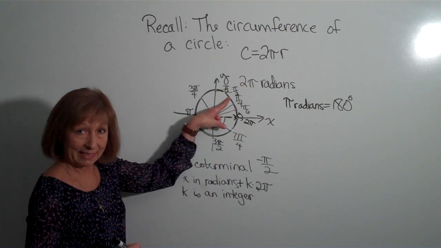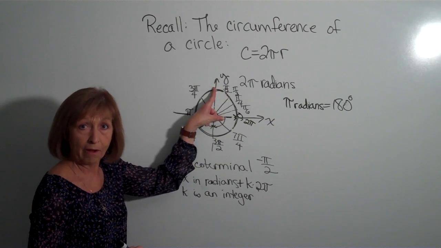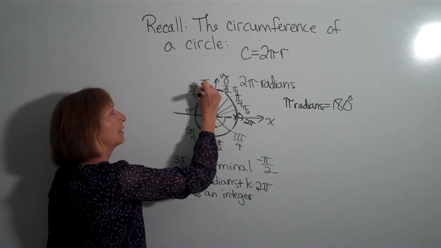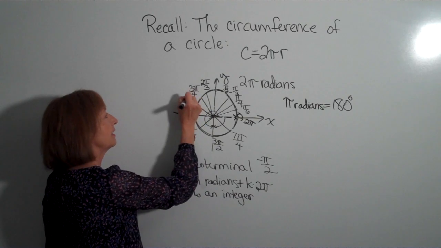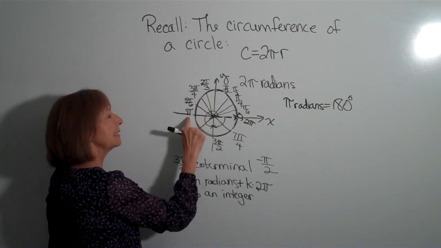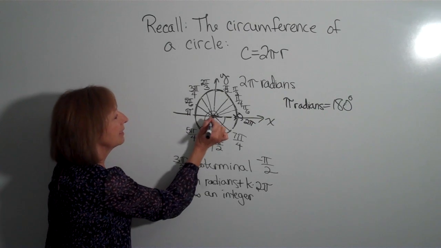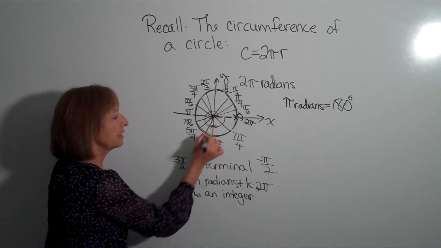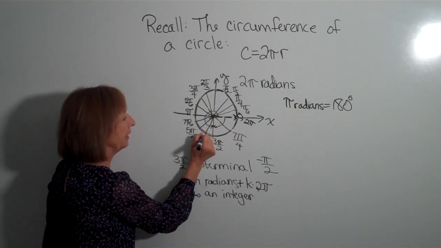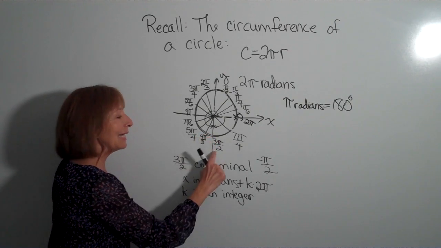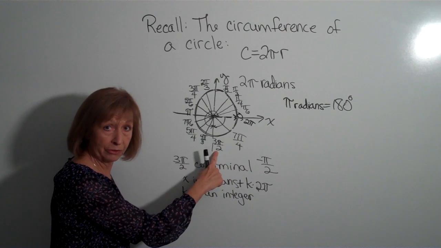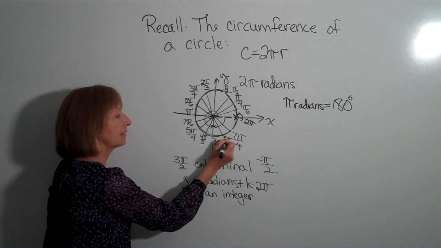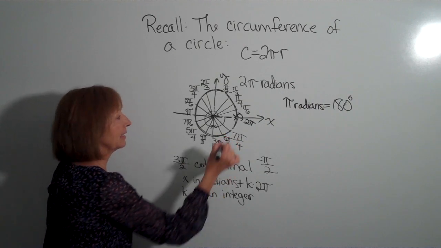So 1/6, 2/6, 3/6 is pi over 2, 4/6 is 2 pi over 3, 5/6 doesn't simplify, that's 5 pi over 6, 6/6 of a pi is pi, 7 pi over 6 doesn't simplify, 8 pi over 6 is going to give me 4 pi over 3. 9 pi over 6 simplifies to 3 pi over 2. 10 pi over 6 simplifies to 5 pi over 3. 11 pi over 6 doesn't simplify.